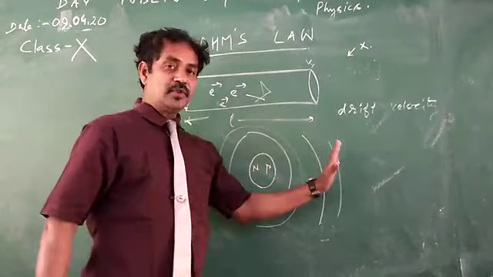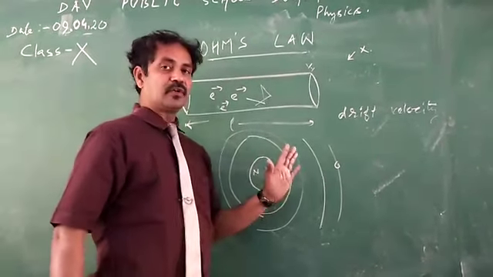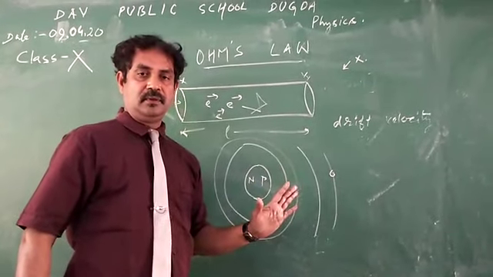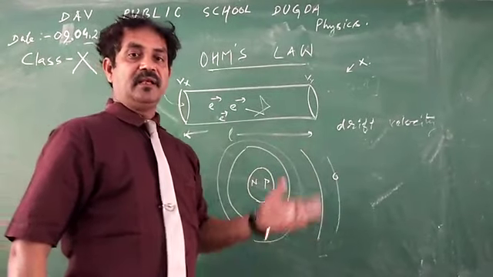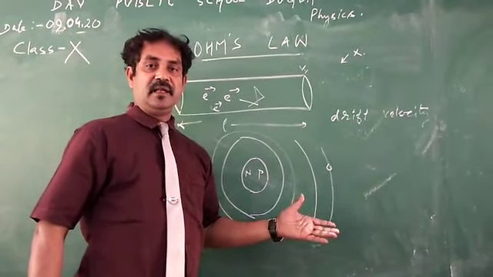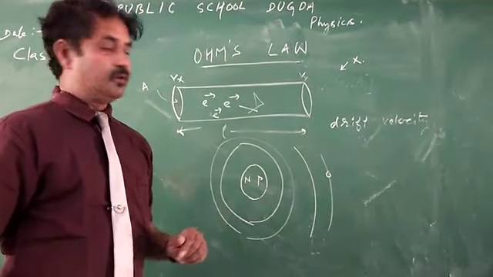This opposing of the movement of electrons is termed the resistance of a conductor. So what is resistance?